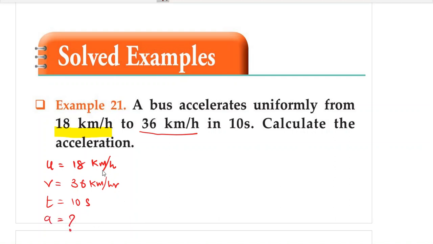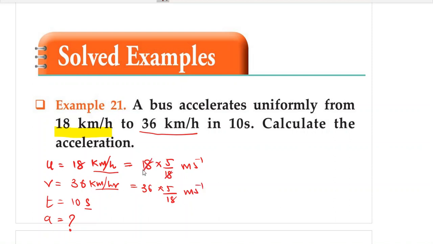So the first thing which we notice is the unit for velocity is kilometer per hour and the unit for time is seconds. We cannot proceed like this. So first we need to convert the velocity from kilometer per hour to meter per second. So it will become 18 into 5 by 18 meter per second and 36 into 5 by 18 meter per second.